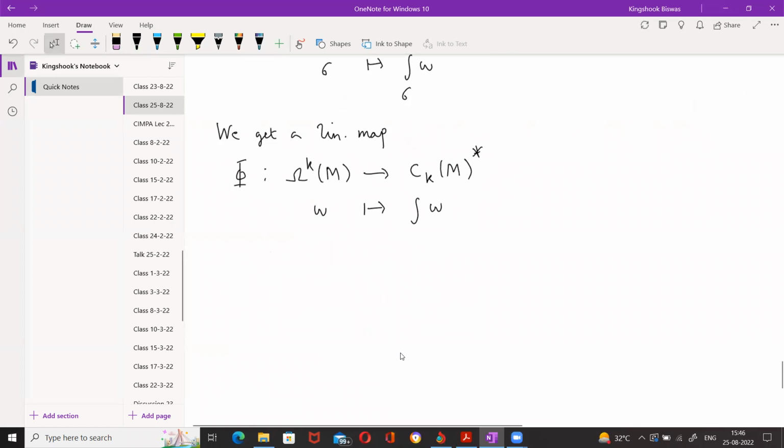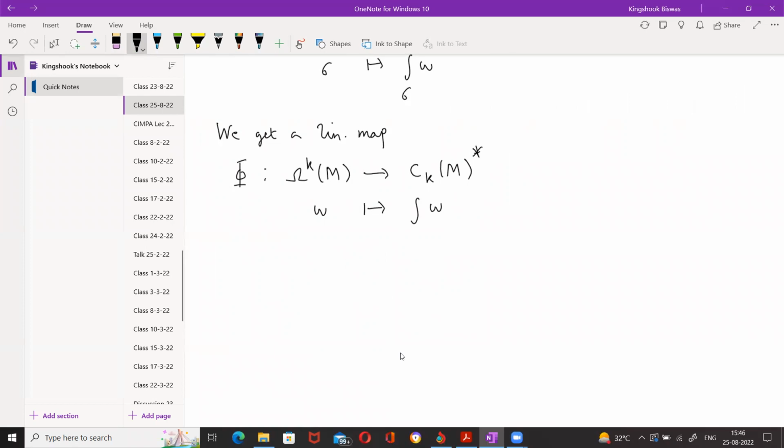Now, the claim is that this map is actually one-to-one. In other words, if the integral of omega over all k-chains sigma is 0, then omega is 0.